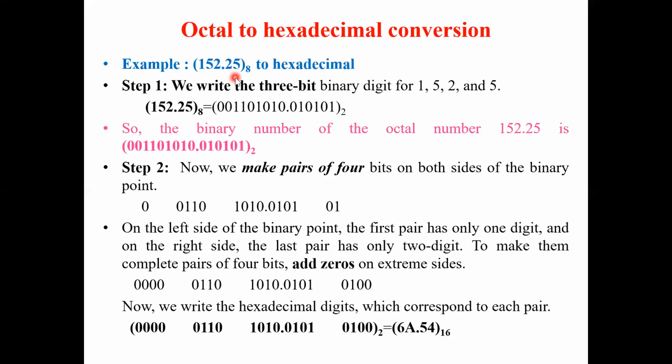So octal to hexadecimal, remember you will first convert it into binary, that is strings of ones and zeros. For either octal or hexadecimal, whichever conversion you want: for octal, you will make groups of 3, for hexa, groups of 4 bits. And if 4 or 3 is not there properly, you add zeros.